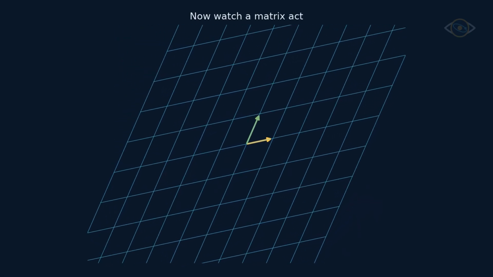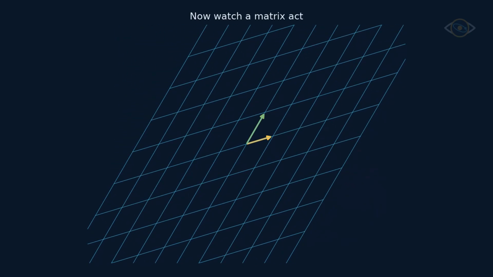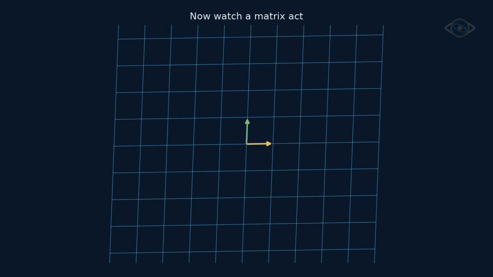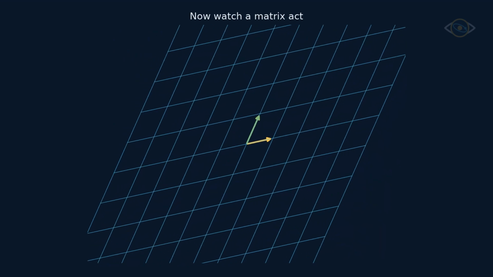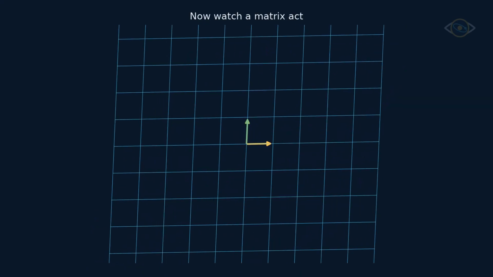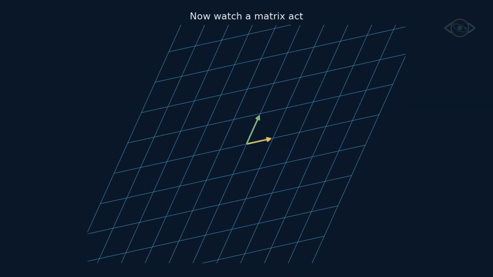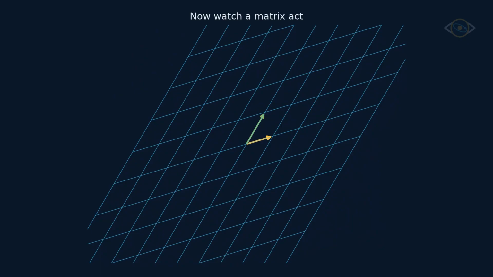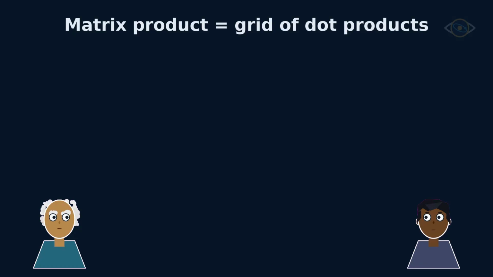Now, the surprise. A matrix takes the whole grid of space and bends it, sending the basis arrows to new places. That's what matrix multiplication does to a vector. Okay, the grid is shearing and stretching, but what does that have to do with dot products? Look at how you actually compute a matrix product.